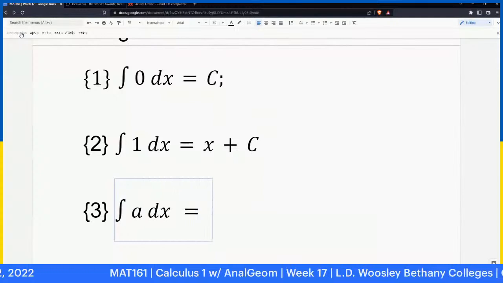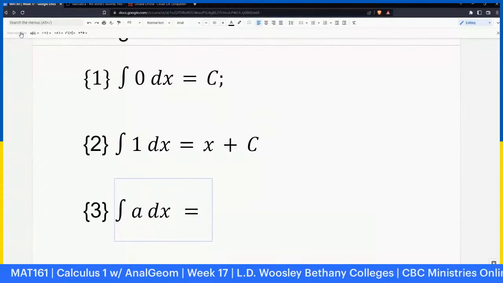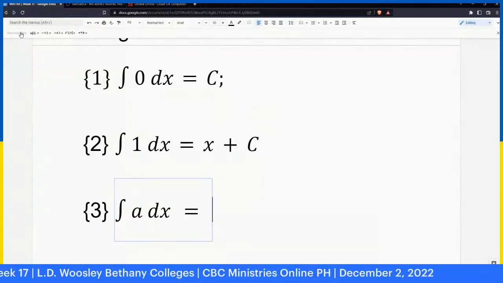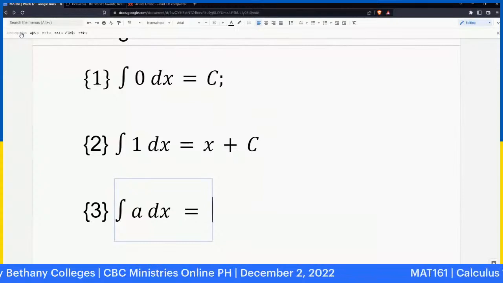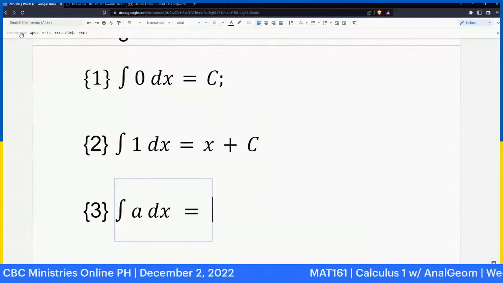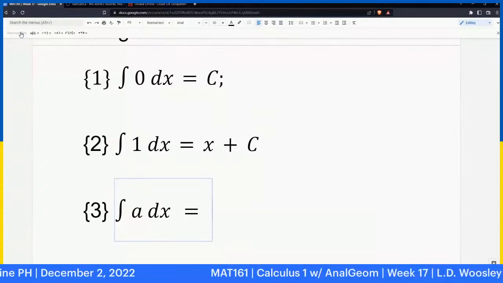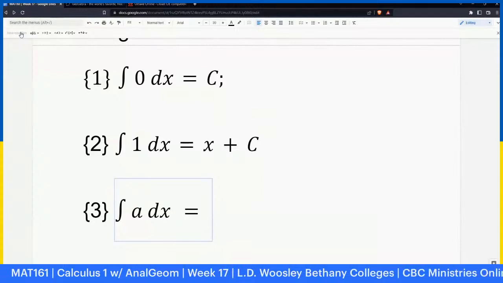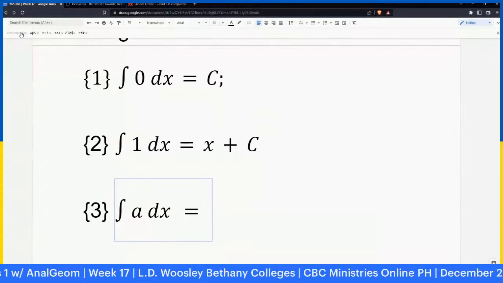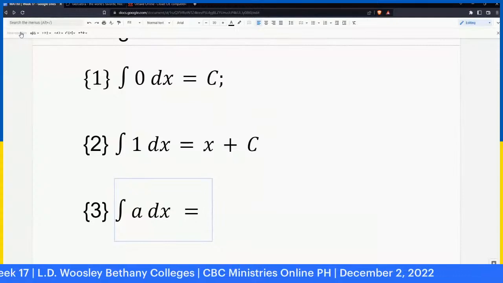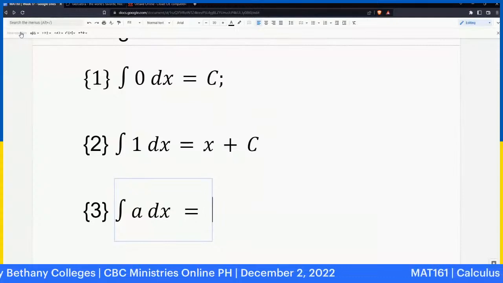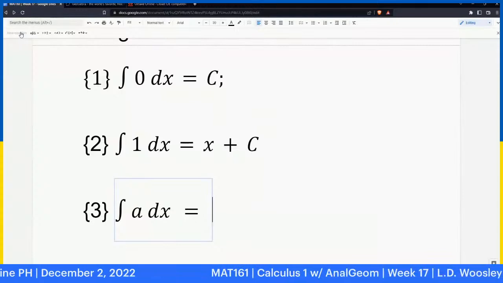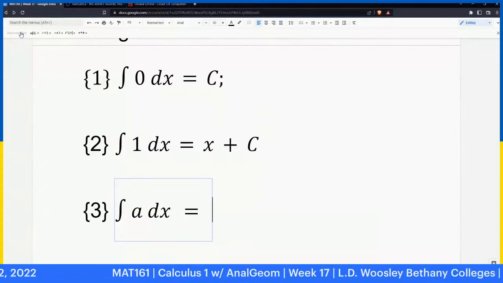Noraline, what's the answer? Following the pattern. Alright.